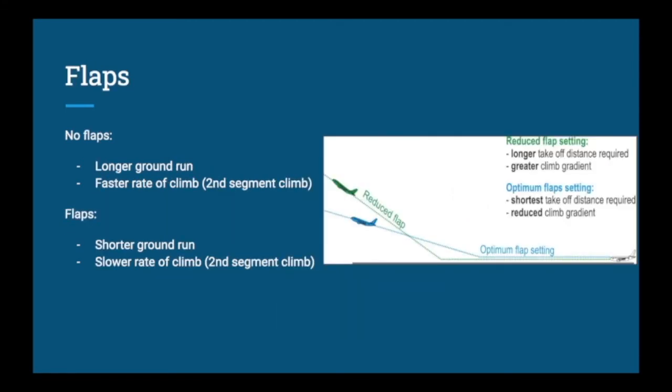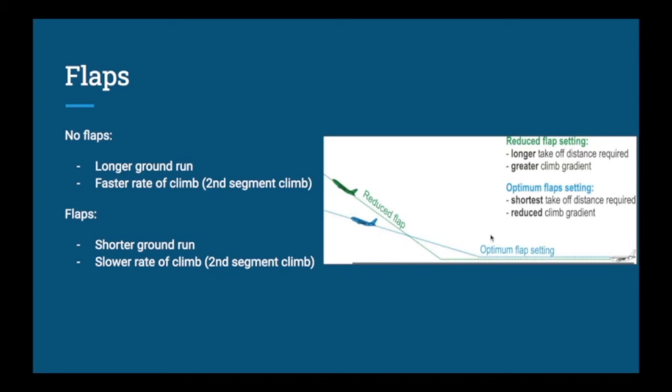Now flaps. If we have no flaps, it's going to be a longer ground run and a faster rate of climb. Compare if we do have flaps, it's going to be a shorter ground run and a slower rate of climb. So if we have flaps down, the airplane's going to lift off the ground shortest, but it's going to climb slower, shown here on the blue dotted line.